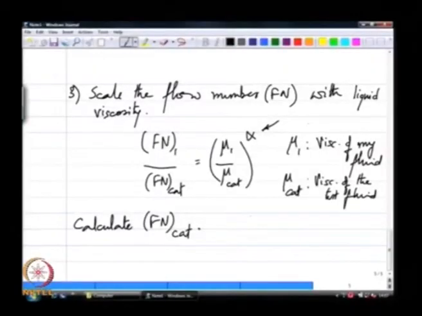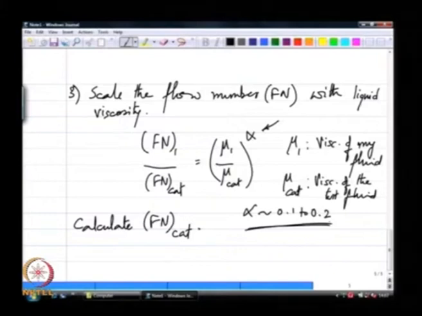So, even though the axial velocity remains the same, the film is thicker, and you get a slightly higher flow rate. So, this number alpha is on the order of about 0.1 to 0.2 typically. It is a positive number, not a negative scaling with mu. For the same delta P, if the viscosity goes up, the flow rate goes up slightly.